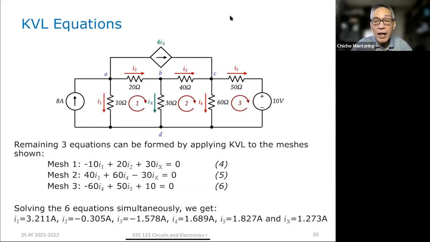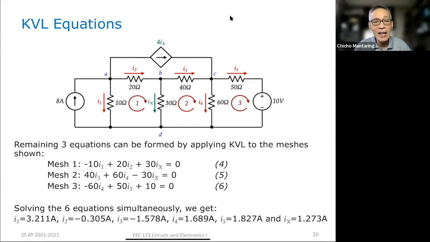Your calculator, I think, can solve up to 4 equations in 4 unknowns. I'm not sure, depende siguro sa calculator nyo. If you have the common Casio calculator, I think this can solve 4 or 5 equations in 5 unknowns.